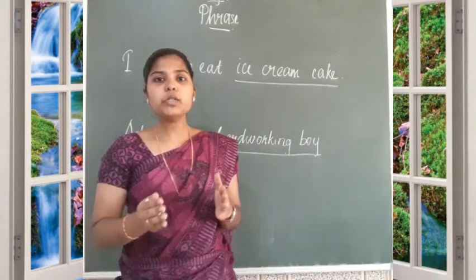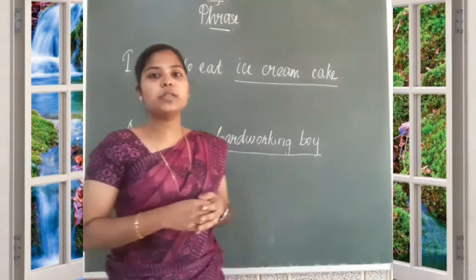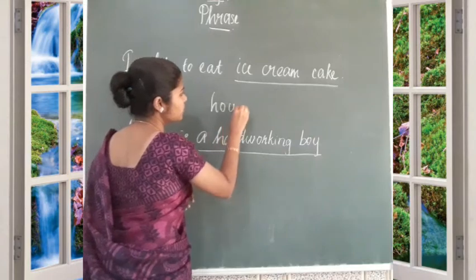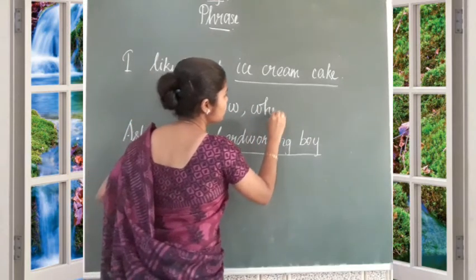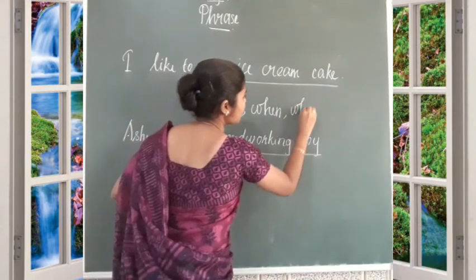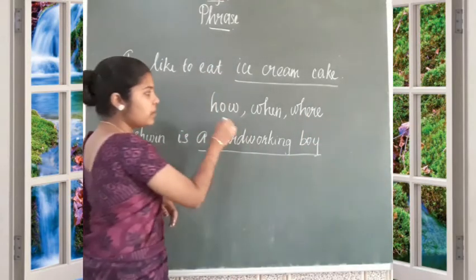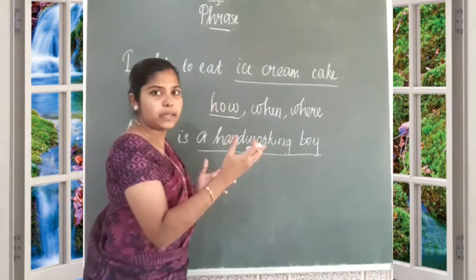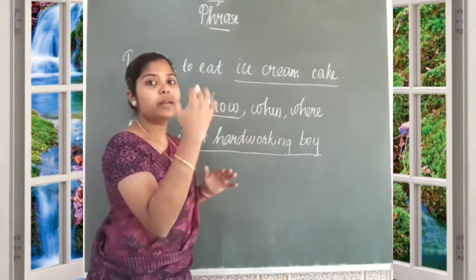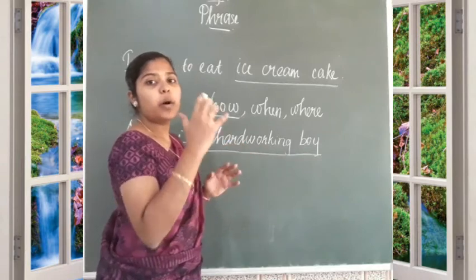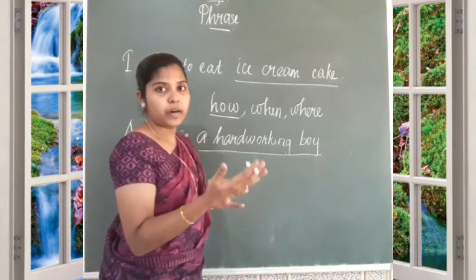Usually adverbs answer the questions like how, when, where. How something happened, how that particular action happened. An adverb is nothing but it modifies the verb.